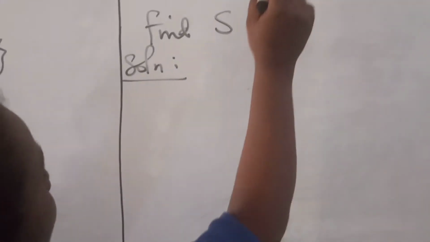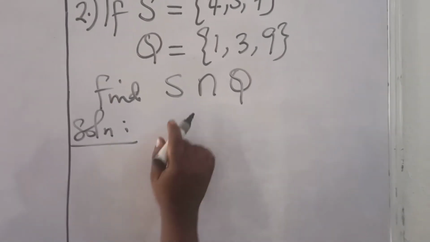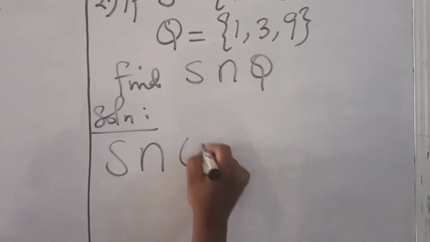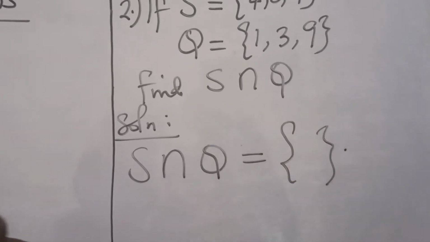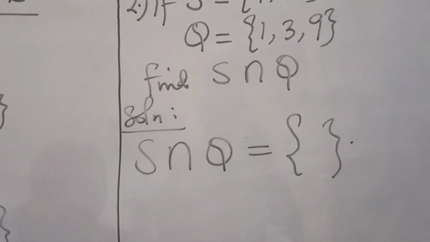They have nothing in common. The two sets do not share any elements in common. Therefore, S intersect Q is an empty set. So these are two disjoint sets.